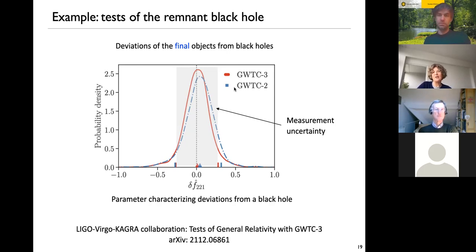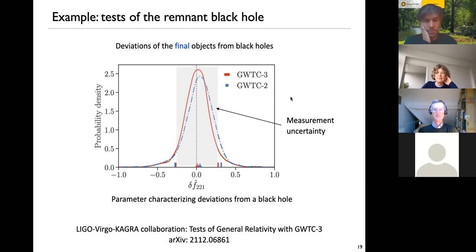GWTC-3 and 2 stand for Gravitational Wave Transient Catalog 3 and 2. It's simply a compilation of gravitational wave events after each observing run. So 2 was for an observing run that ended already some time ago, and then 3 was the most recent one.